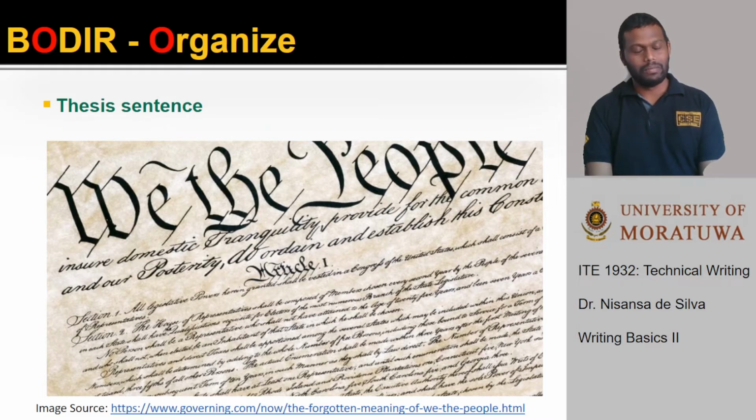It's a mouthful, but it gives you the idea. It gives you the soul of the union that they're making, what the Constitution is based on. That is the idea of a thesis sentence.